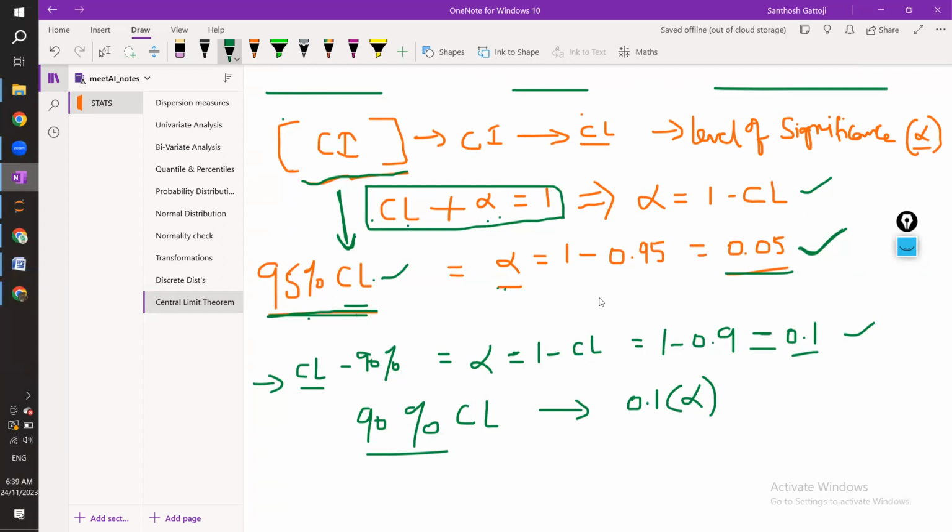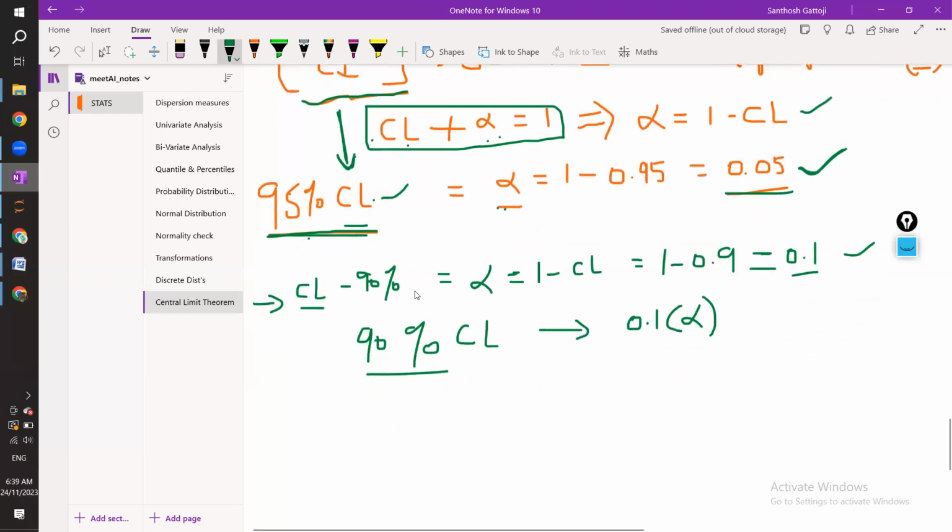So for a 95% confidence level, your alpha will be 1 minus 0.95, that is 0.05. If it is 90%, it is 0.1.